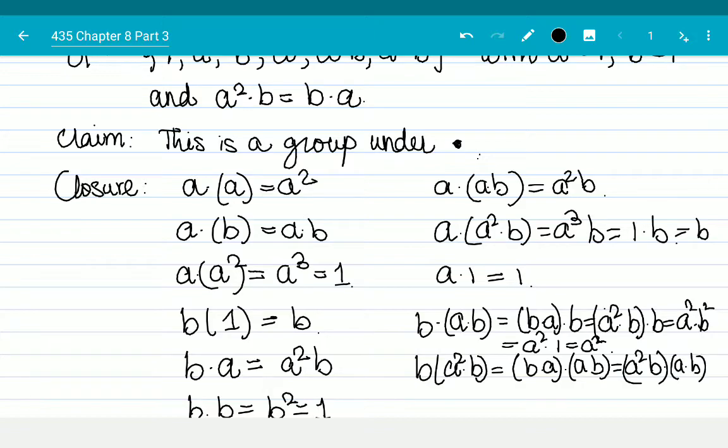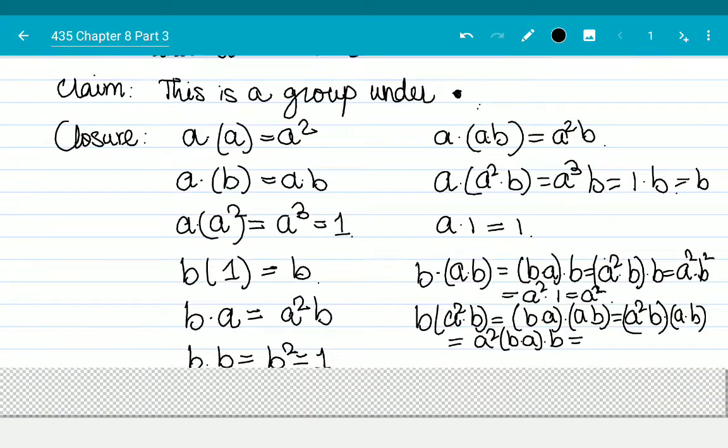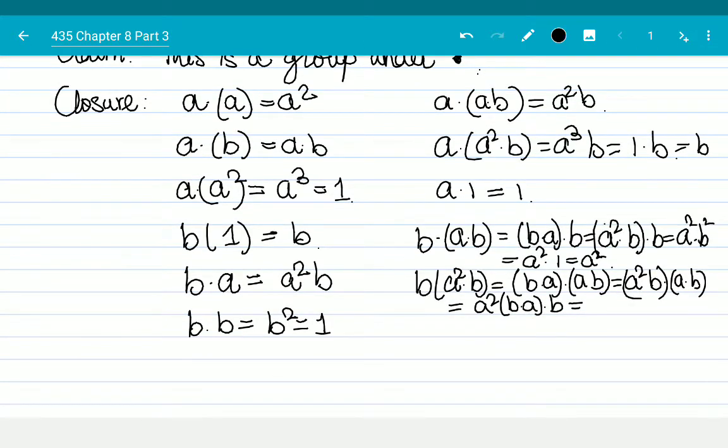Well, b times a is a squared b, so a squared times a squared b times b, which is equal to a to the 4 b squared, which is equal to a to the 4, which is a times a cubed times 1, which is equal to a times 1, which is equal to a. Okay?